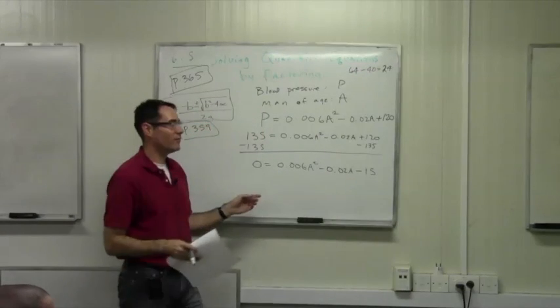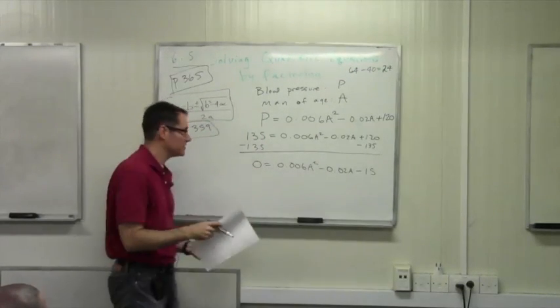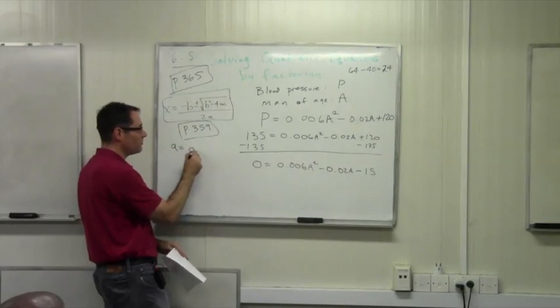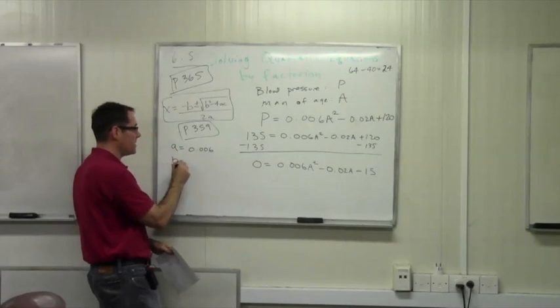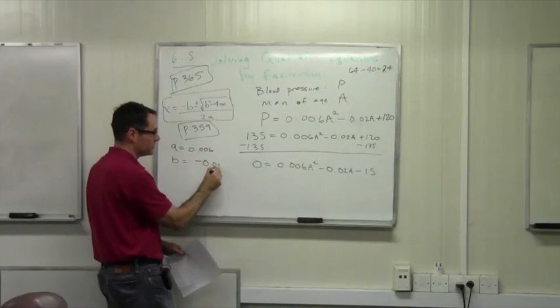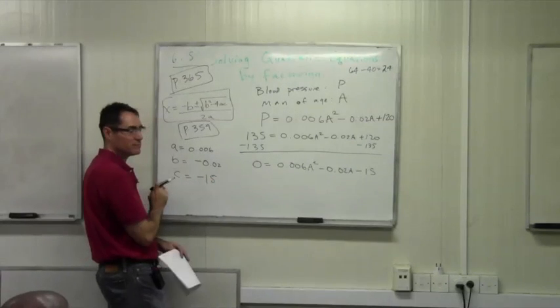Is that in the correct form where we've got an A, a B, a C, and equal to 0? It is. What's A equal to in this case? 0.006. B equals negative, careful, 0.02. And C equals negative 15.